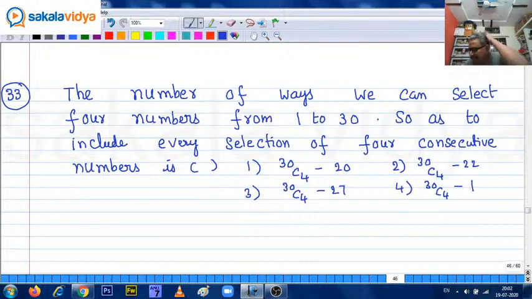The same question may also be asked in probability: what is the probability of getting four consecutive numbers when selecting four numbers from 1 to 30? Okay, how to find out now? First of all, here a restriction is given: every selection of four consecutive numbers.